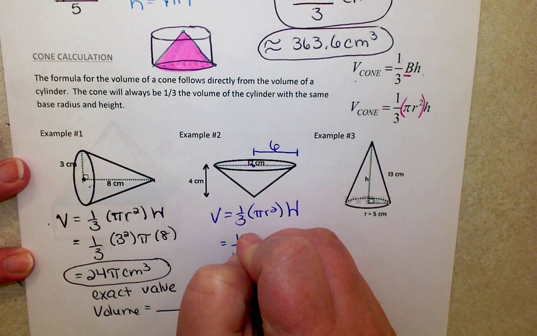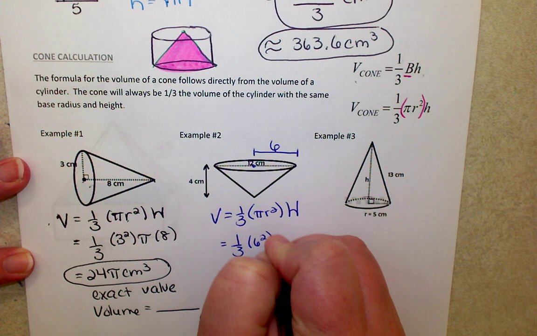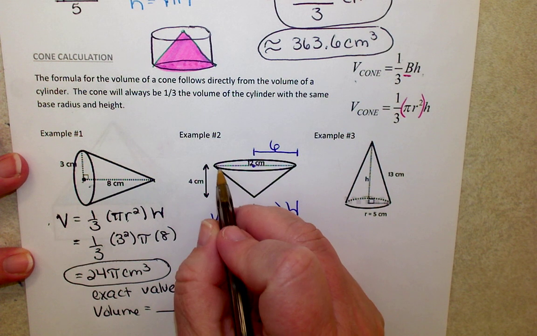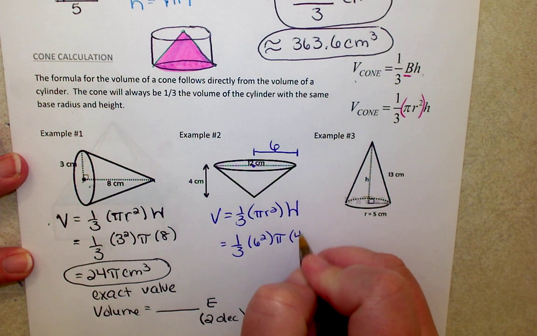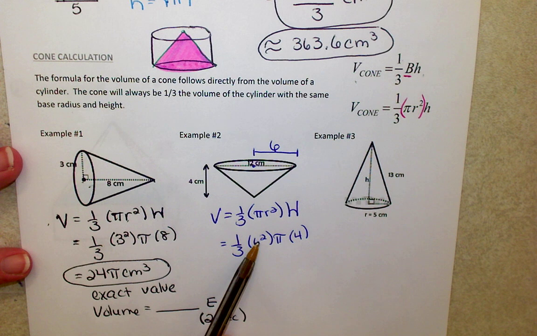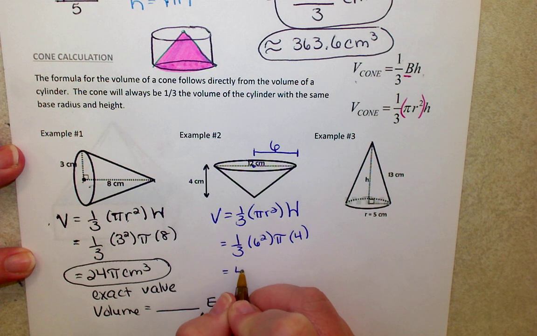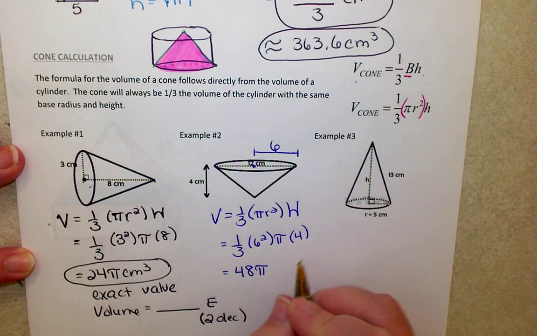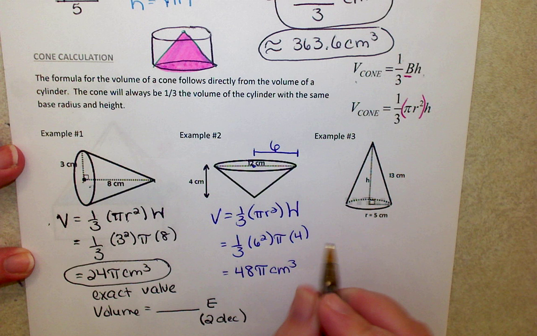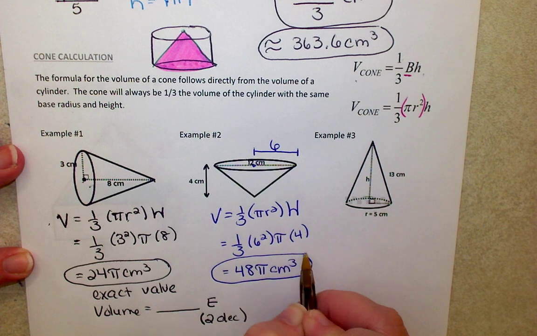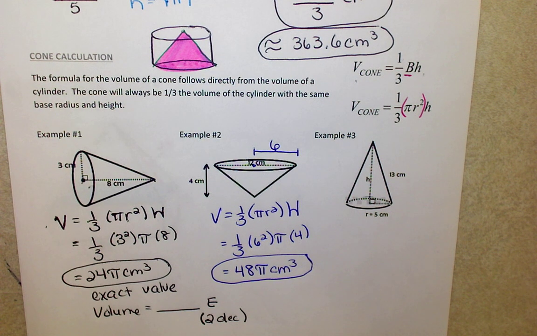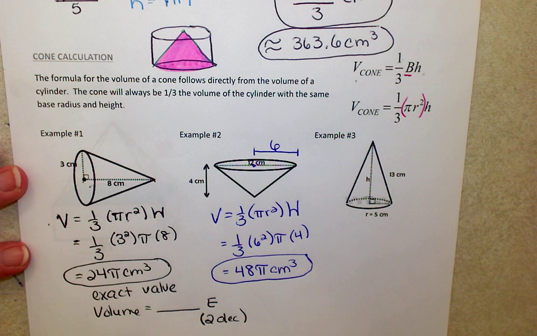So we get 1/3 times 6 squared pi times h, which is 4. 6 squared is 36. 36 divided by 3 is 12, and 12 times 4 is 48. So we get 48 pi centimeters cubed. Volume is always in cubic units, area is always in squared units, and perimeter is always in just a regular unit.